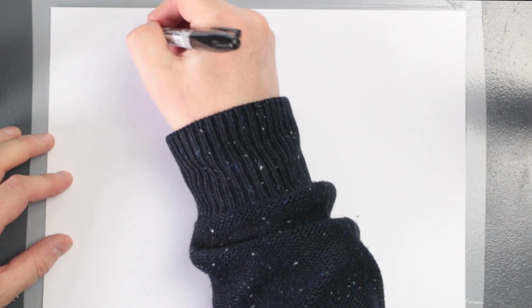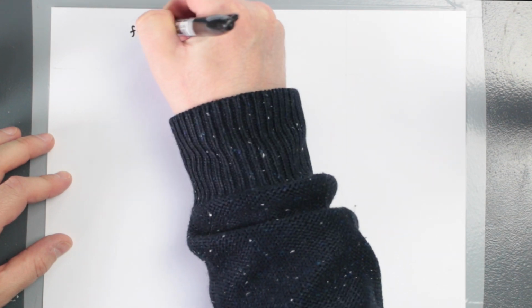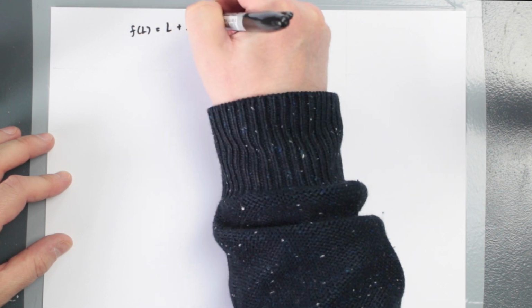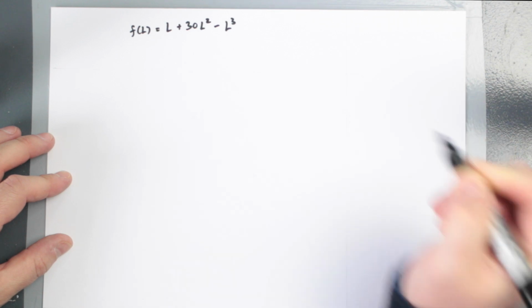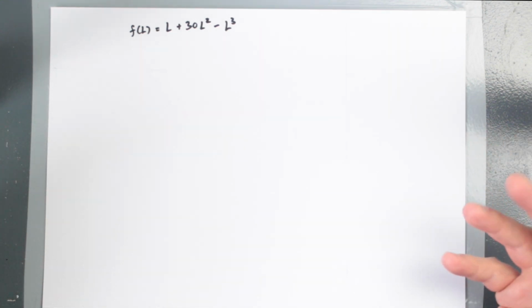Okay, so for this exercise, we've been given a short-run production function, f of L is equal to L plus 30L squared minus L cubed. Our task here is to produce a diagram of the short-run production function, of the marginal product of labour, and of the average product of labour.